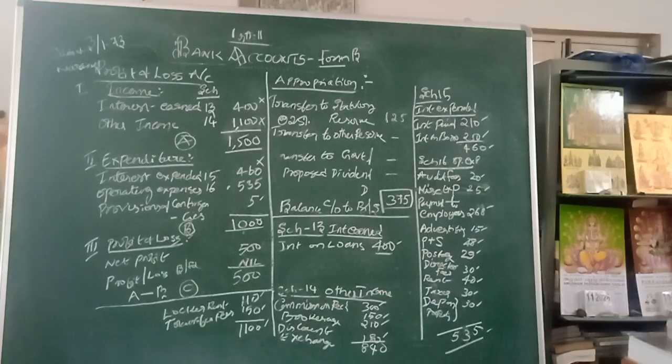Then another one is interest on borrowings. What is that? Given on the debit side, debit column. So it is interest on borrowing, and moreover this amount is given in the debit column. So it is a payment, and we have to take interest paid on borrowing, 250 rupees, in schedule number 15, interest expended.